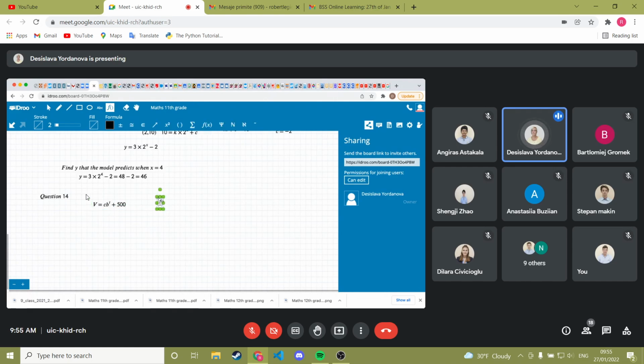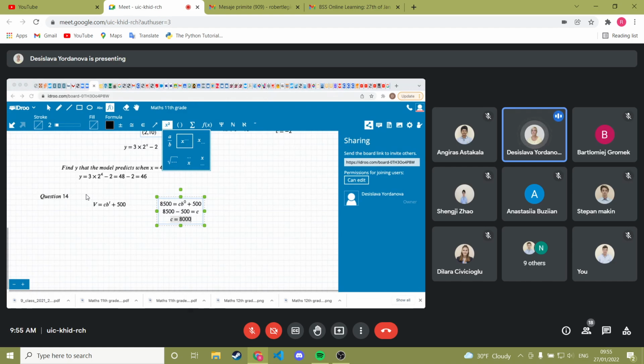Now the new car is 8,500, so 8,500 equals C b to the power of 0, actually, because it's a new car, plus 500. But this means that 8,500 minus 500 equals C times 1. So C will be equal to 8,000 in this case.